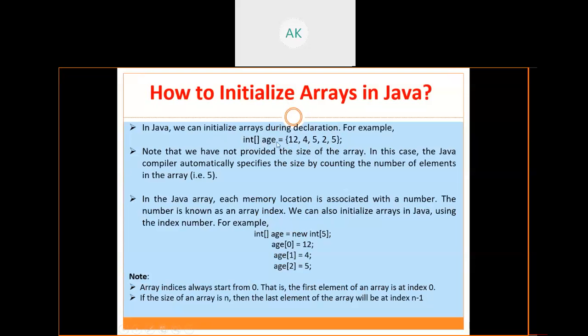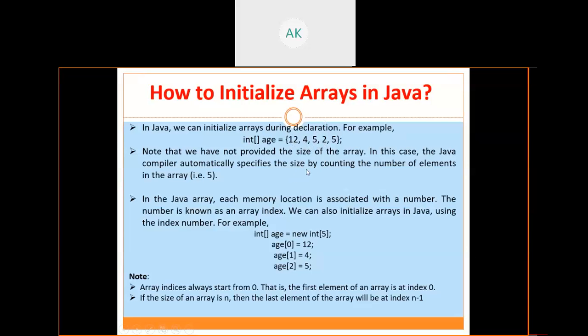So this particular statement is indicating that we have the array which has the name age, which is of type integer and which has initialized values 4, 12, 5, 2, 5, like that.